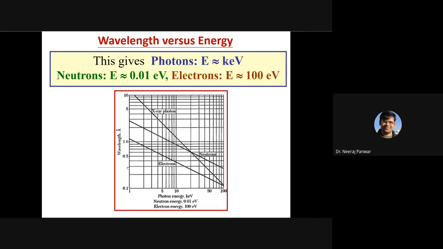So if we want to study the crystal structure, the wavelength of the incident radiation must also be of this order. And if the wavelength is of this order, then the photon should have this much energy. These are X-ray photons. Neutrons should have energy of this order. Electrons should have energy of this order. Only then can they exhibit the diffraction phenomenon.